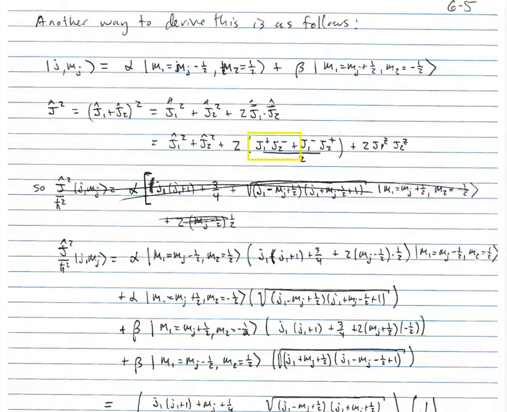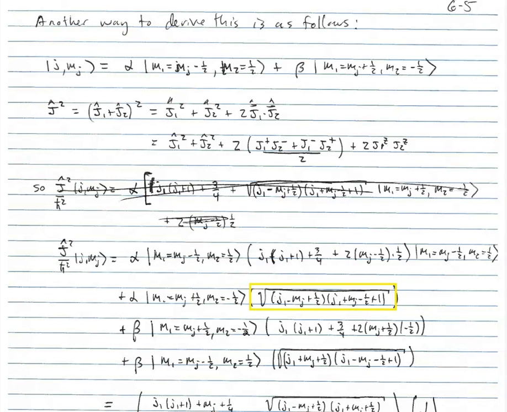And in the first case, the alpha state is a state that involves the j1 plus j2 minus, and you have to go ahead and plug in that coefficient for the j1 plus. It's the square root of j1 minus mj plus a half times j1 plus mj minus a half plus 1. And then you have to do the same thing with the term that has m2 equals minus a half.